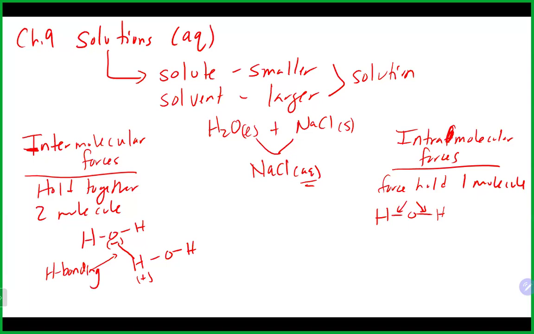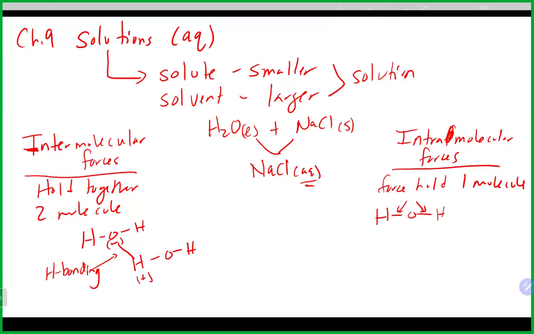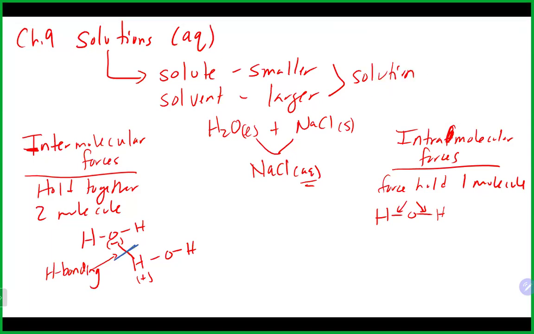Now, intermolecular forces, as I mentioned, are always weaker than intramolecular forces. And a very simple example of how we know that's true is water itself. When you take water and you want to cook some pasta, and you start to boil it, it's actually the bond between the two water molecules here that breaks first.